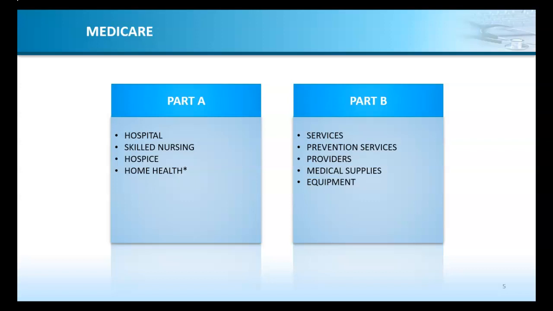So again, Part A covers your hospital stay coverage, your bills associated with hospital stays, inpatient care, skilled nursing facility care, hospice and home health, and Part B covers your services for healthcare, such as prevention services, provider reimbursement, medical supplies and equipment.